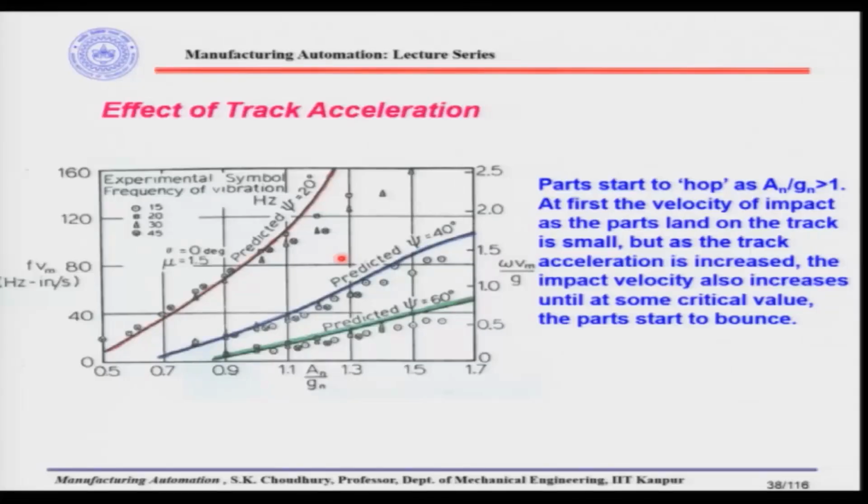The second one we discussed is the effect of track acceleration. Beyond an by Gn value of about 1.7 or 2, the impact velocity becomes very high, and the conveying velocity does not increase as much as it does for an by Gn less than 1.7 or 2.